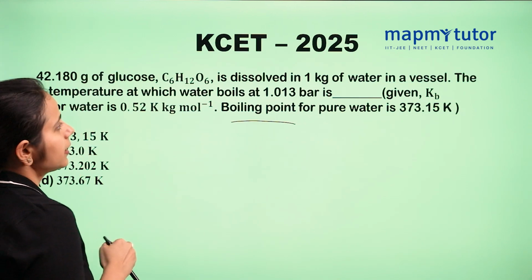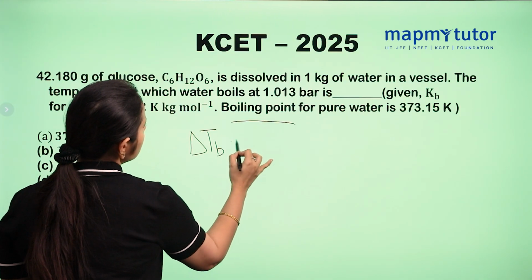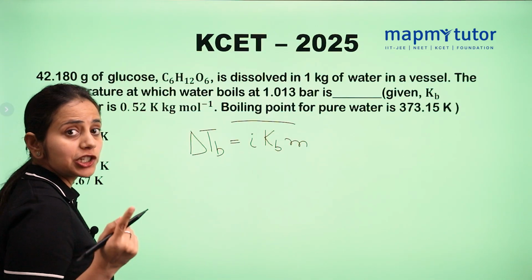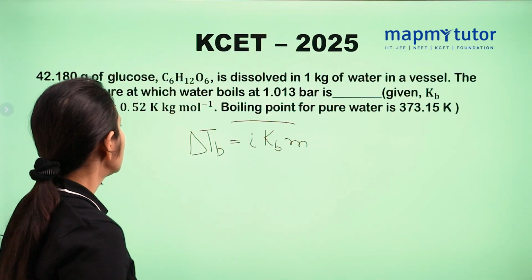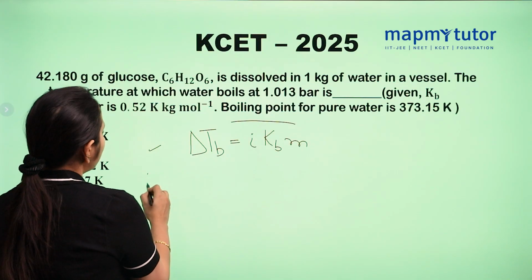Here the formula will be delta Tb is equal to i Kb m. This is for the elevation in boiling point in the colligative properties. I hope you remember. Yes? So this formula we will use for solving this question, where i is the Van't Hoff factor.